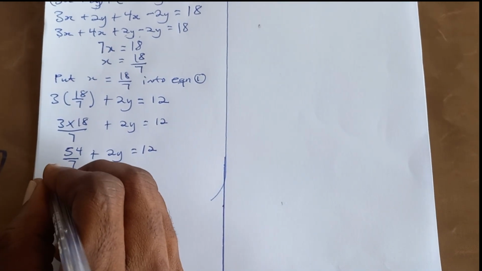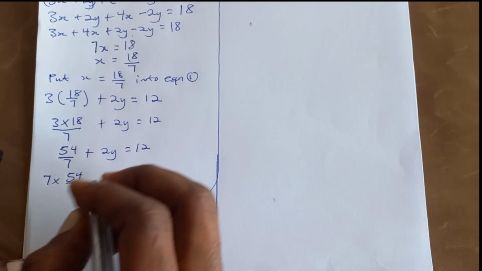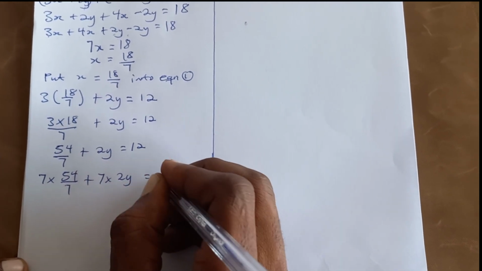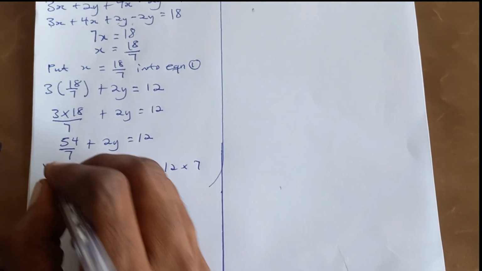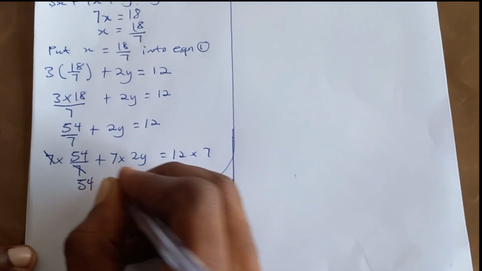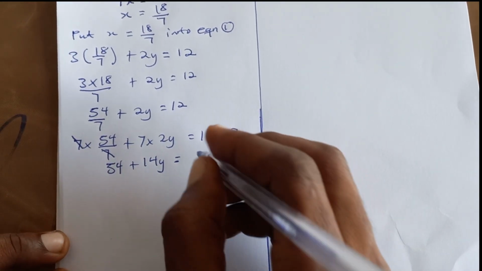So we are going to get 7 times 54 over 7 plus 7 times 2y, which is equal to 12 times 7. You can see that the 7 will cancel out, and we are getting 54 plus 14y is equal to 84.